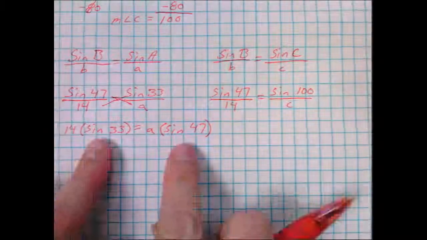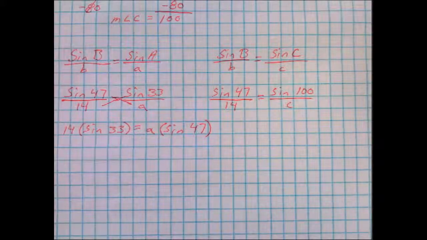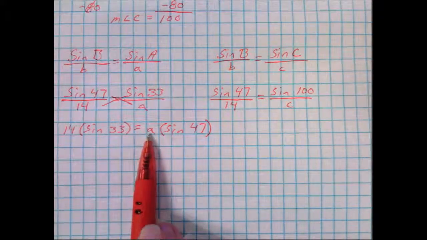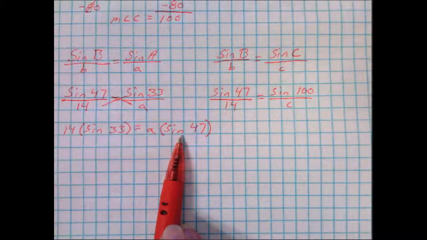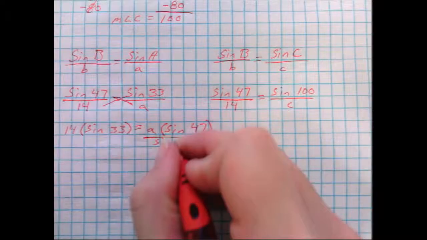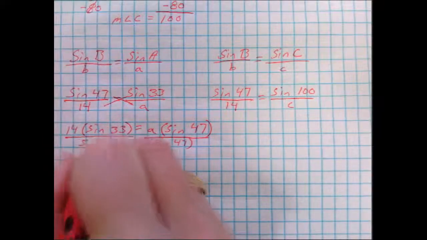And you notice I did put those in parentheses because sine and the 33 go together, so we want to make sure that those stay together. Then from here I'm still trying to solve A, so I want to get it by itself. I have this other term with it, sine of 47, so I'm just going to divide by sine of 47 on both sides.